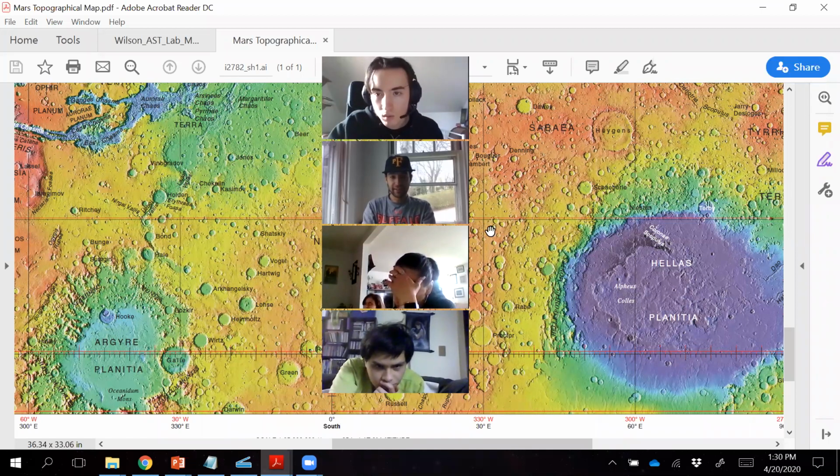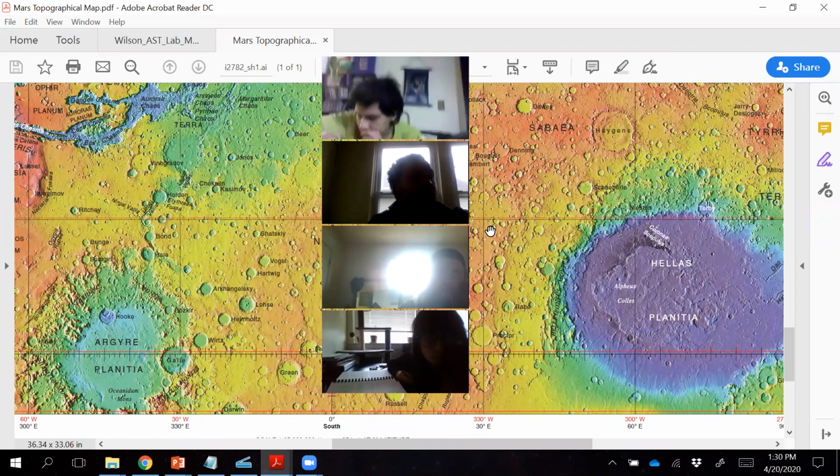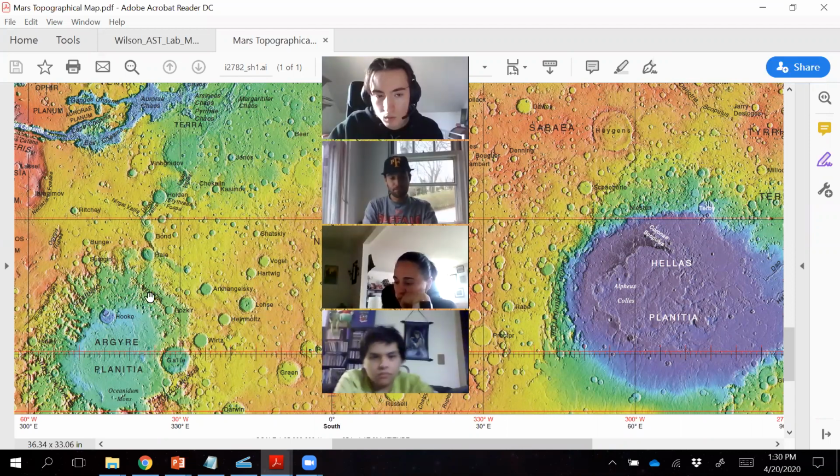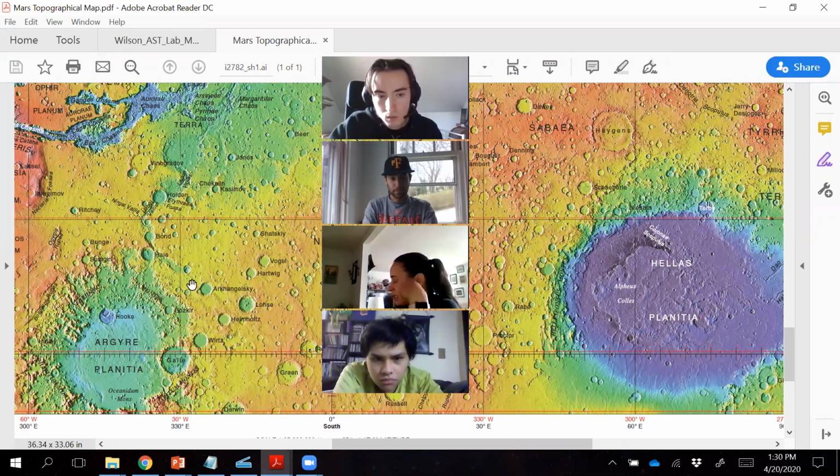Aguirre. Yeah, I believe that's the scientific consensus as well, that Aguirre is a bit older. The rim looks a little more beat up and deteriorated than the rim of Hellas.